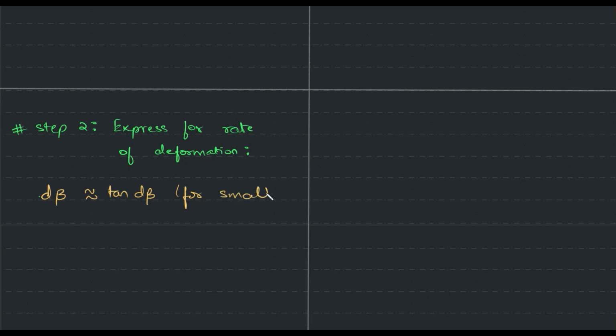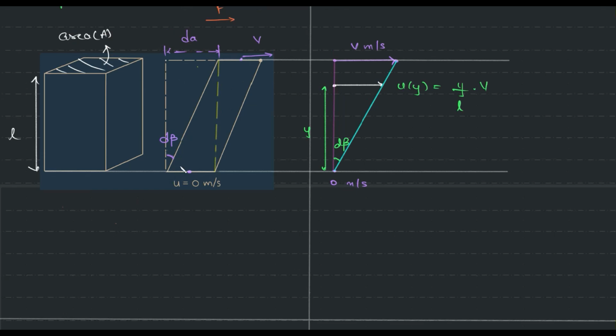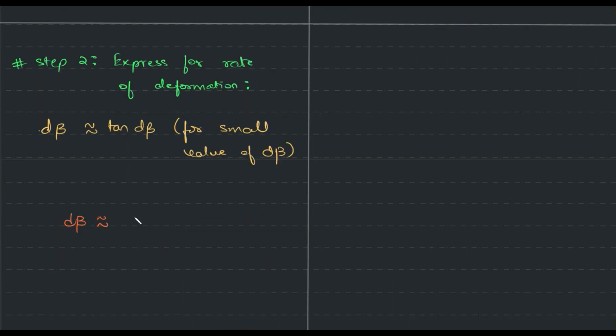This is true for any value which is quite small, and comes from trigonometry. What is tan from this diagram? Tan is opposite by adjacent. Opposite is dA, adjacent is L. So it's proportional to dA by L.